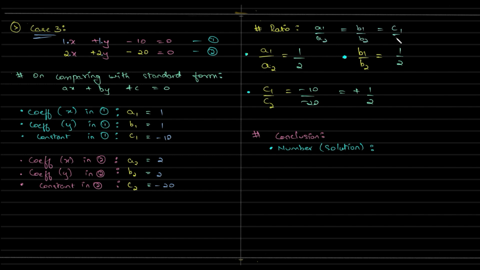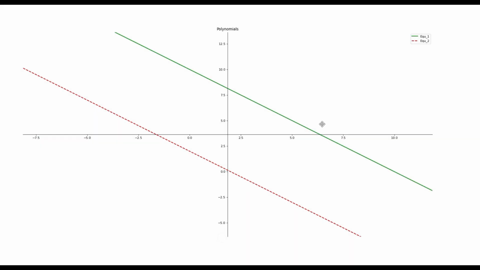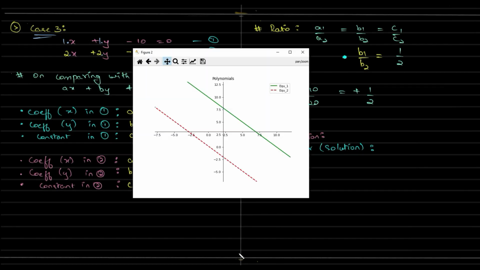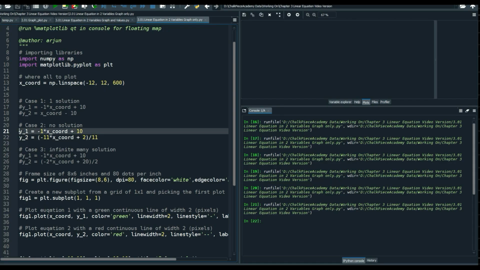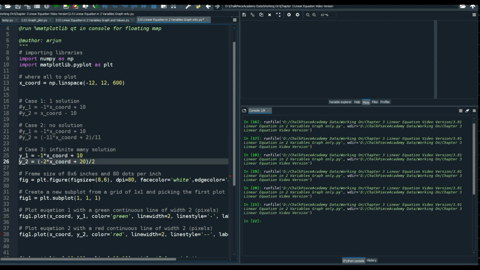So now, how will this graph look? For that, I have one more pair of equations down below, the same equations but rearranged so that we have y equal to something.